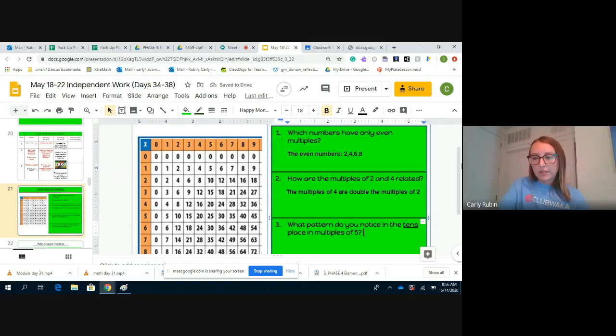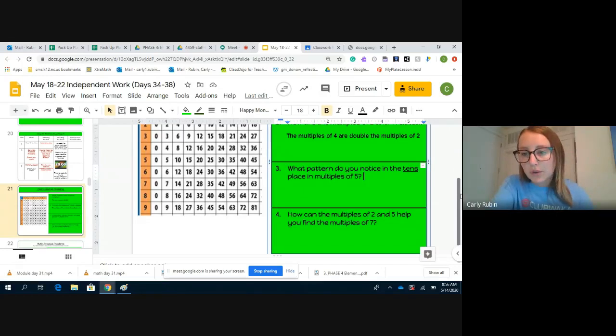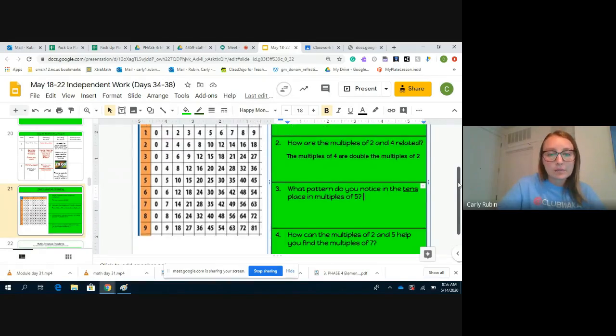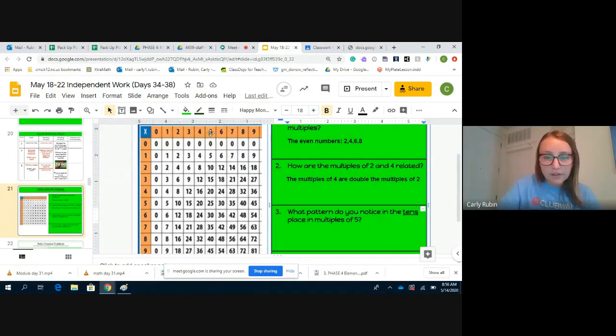All right, moving down to the third question. What pattern do you notice in the tens place in the multiples of 5? So we're looking at the tens place. So if I go to the multiples of 5, first number that's in the tens place is this 1. Okay, because the 0 is in the ones place, the 1 is in the tens place.